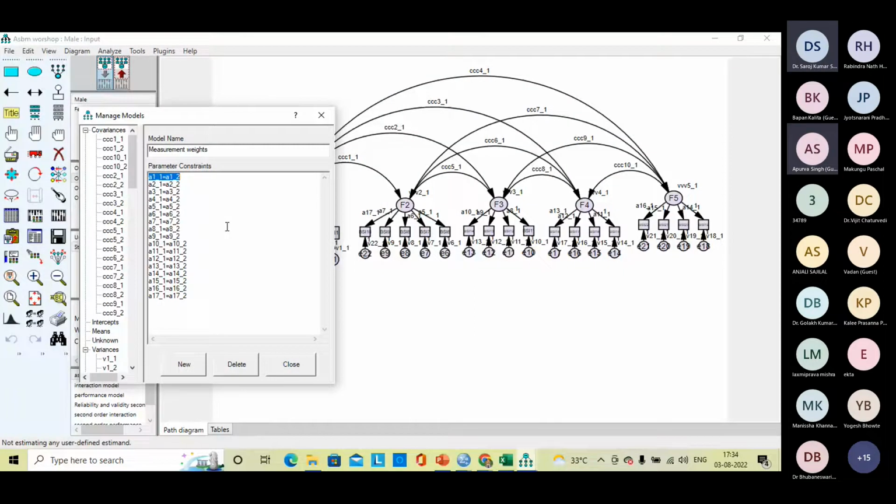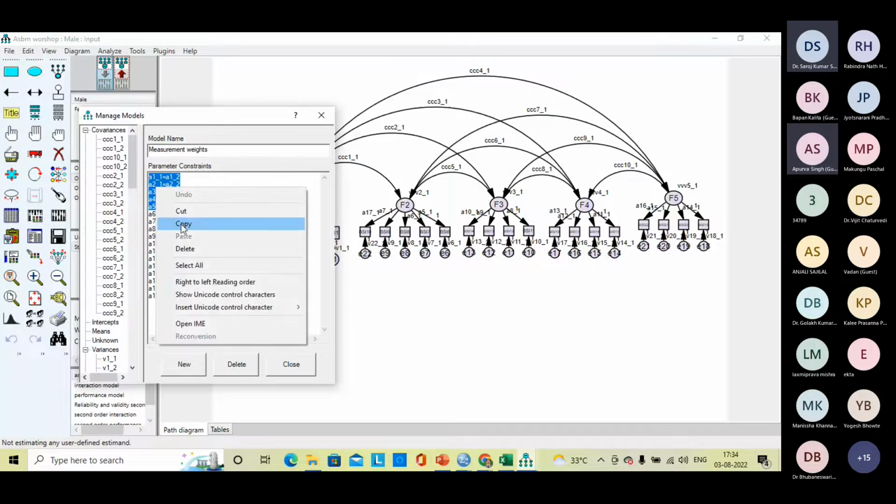Now let us make it constant. Let us take any one structure, from A5_1 to A5_2.